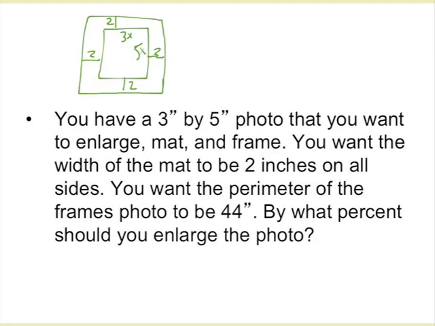Perimeter is adding up around all the sides. So what we need to know are how long are all of these sides. Down here, I've got the 3x of the picture plus 2 mat on each side is 4. Over here, I've got a 5x of picture plus 2 of mat above and below.